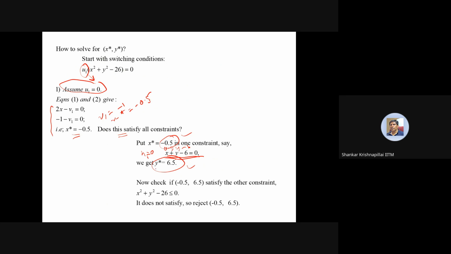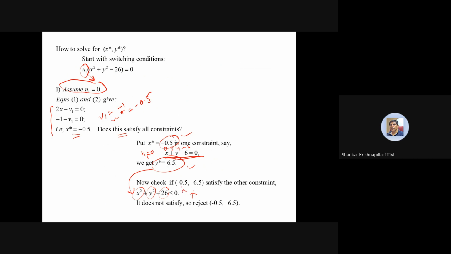So let us see if it will also satisfy this circle constraint. You can see that it will not satisfy, because x squared plus y squared will give more than 26. 6.5 squared, maybe 40 or something, you will get. 40 minus 26 is a positive value, so it is not less than 0.